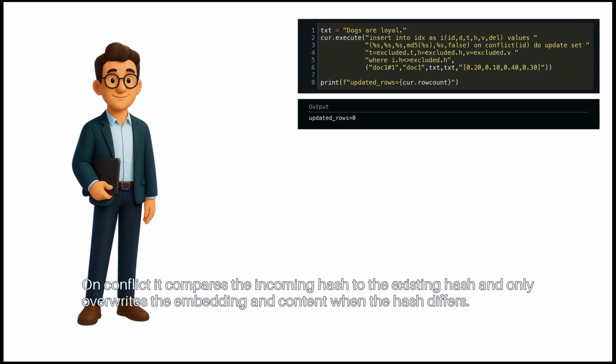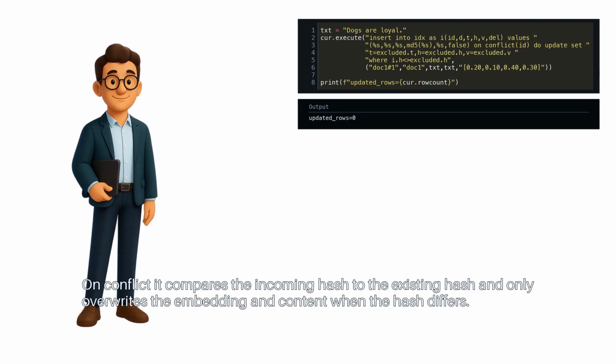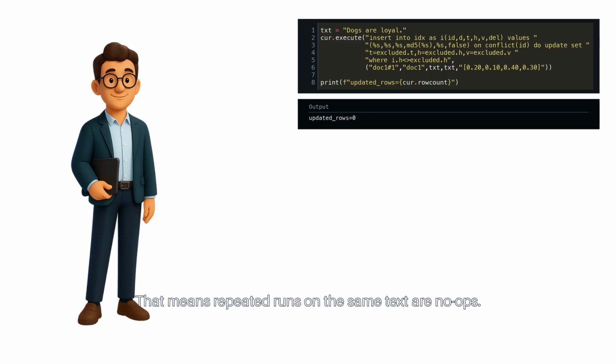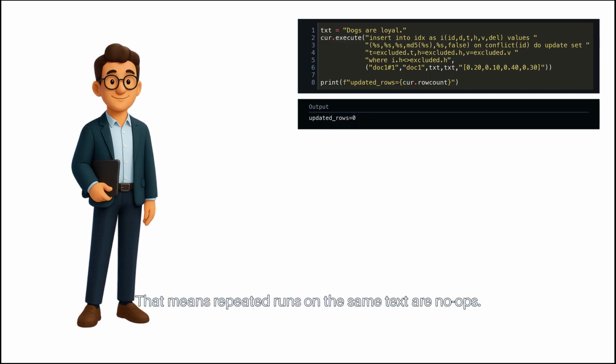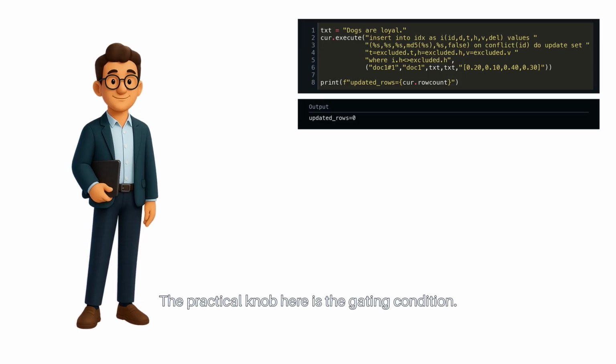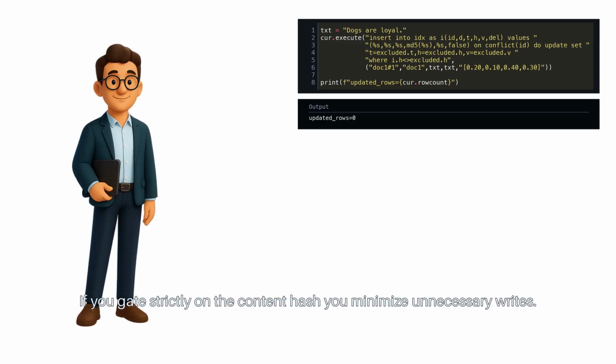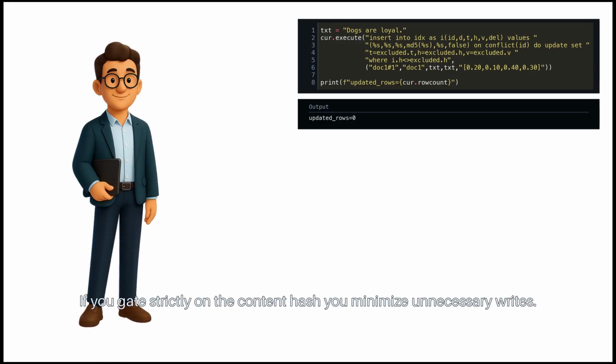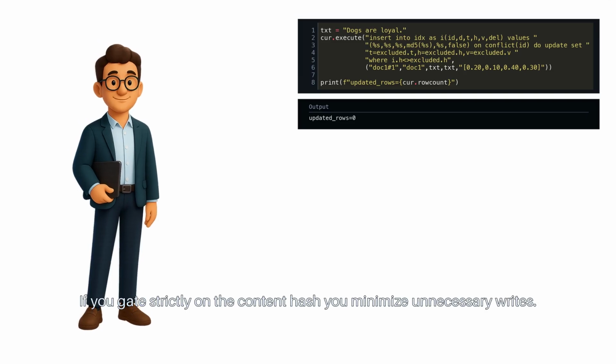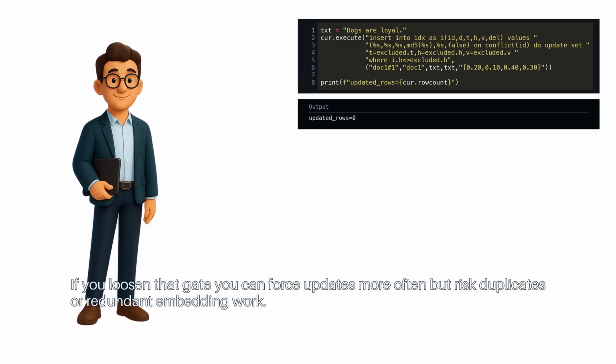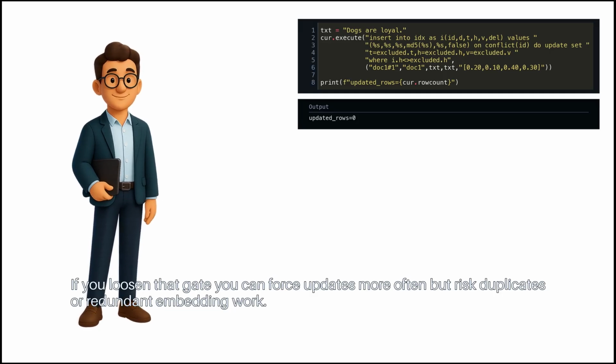On conflict, it compares the incoming hash to the existing hash and only overwrites the embedding and content when the hash differs. That means repeated runs on the same text are no-ops. The practical knob here is the gating condition. If you gate strictly on the content hash, you minimize unnecessary writes. If you loosen that gate, you can force updates more often, but risk duplicates or redundant embedding work.